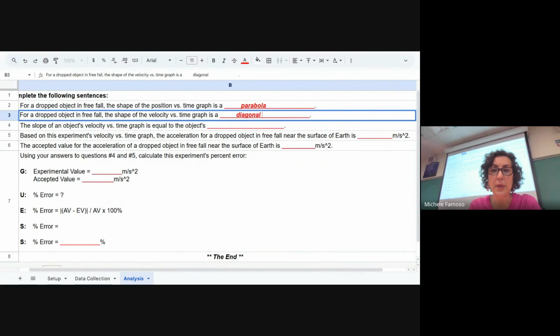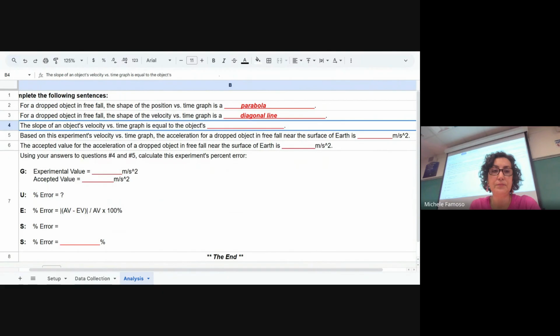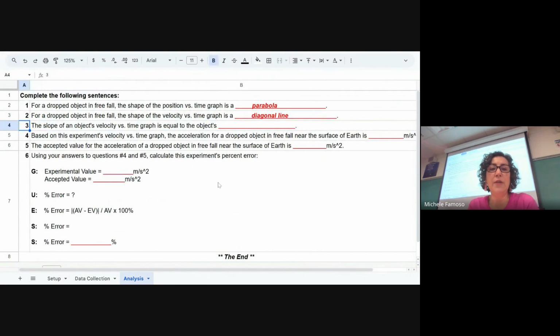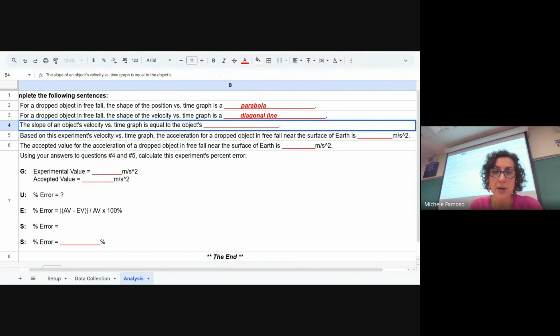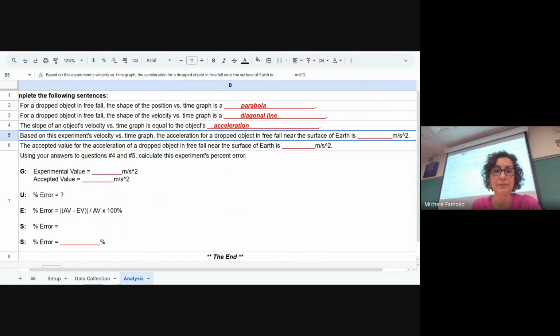Diagonal line. Enter. Question 3. What is the slope of an object's velocity versus time graph equal to? Miriam? That is correct. So let's type acceleration in that red line.